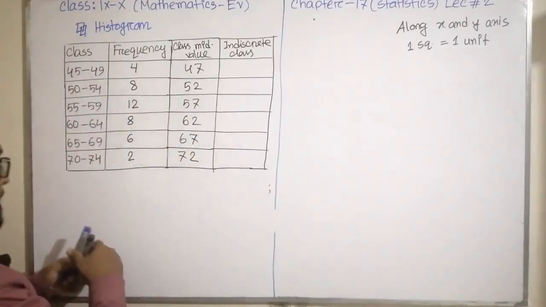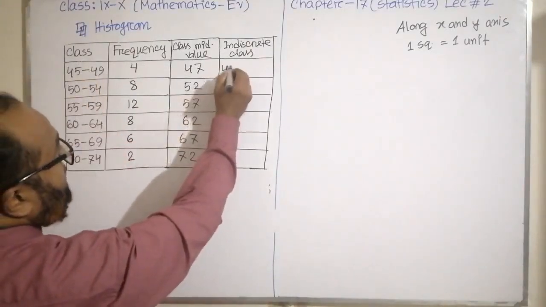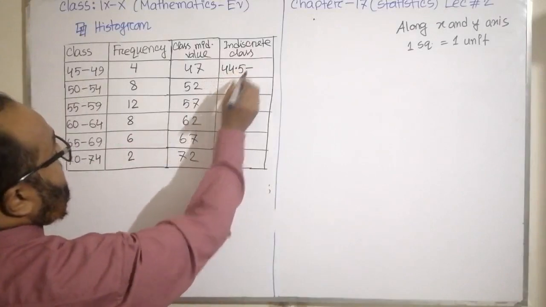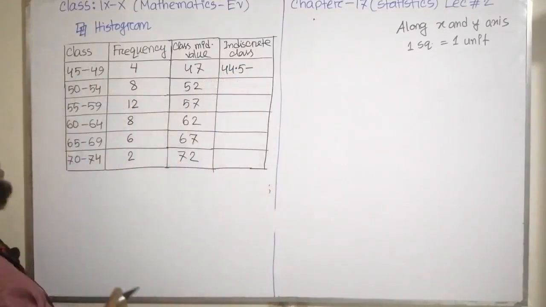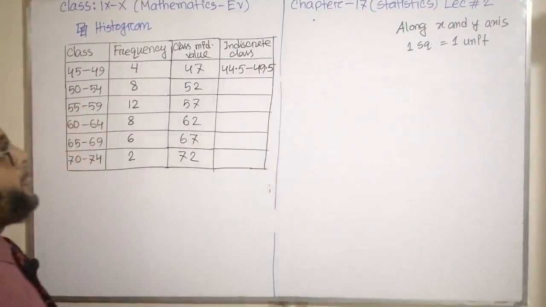So subtracting 0.5 from 45, this will be 44.5, and adding 0.5 to 49, this is 49.5.